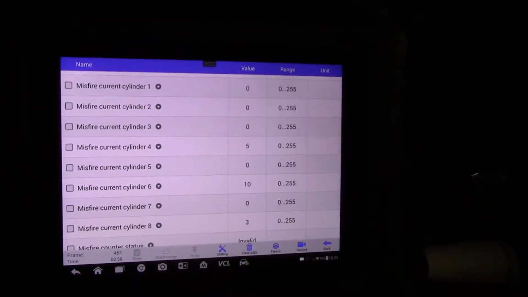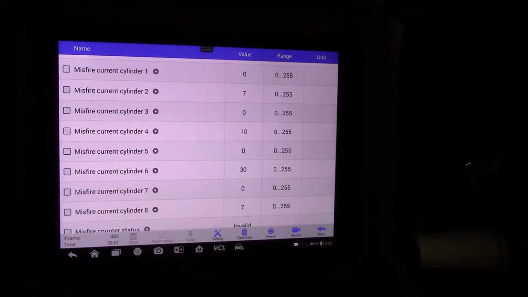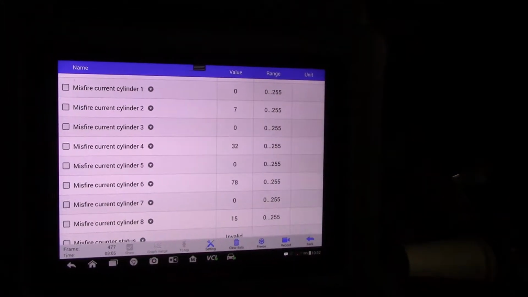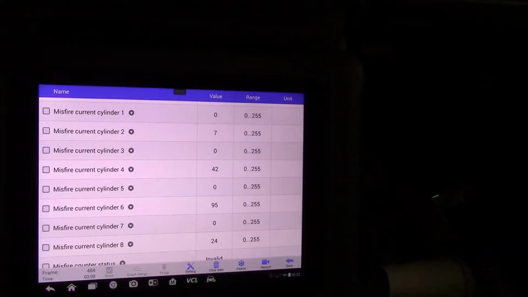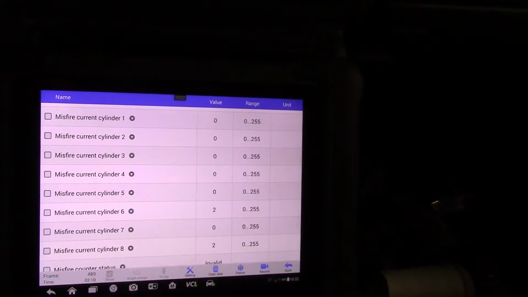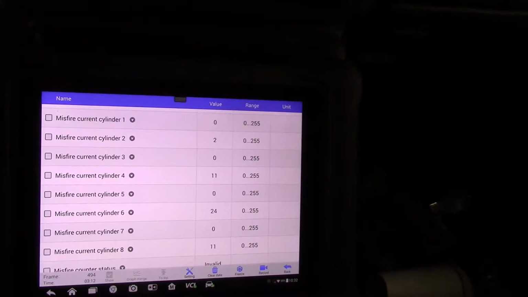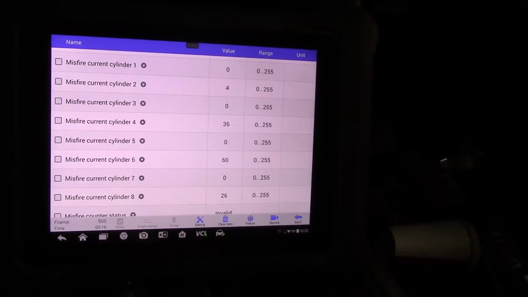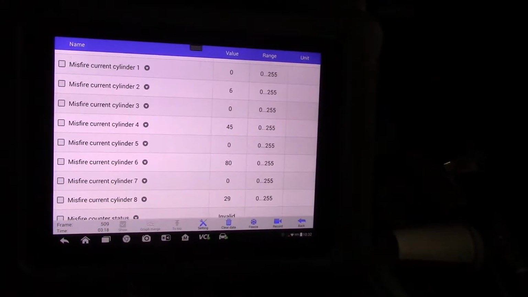And I'm in it pretty good, and you can see that our misfire counts will reset and then count back up. But again, cylinder 1, 0, cylinder 3, 0, cylinder 5, 0. All the odds are 0, and all the evens have misfire counts.